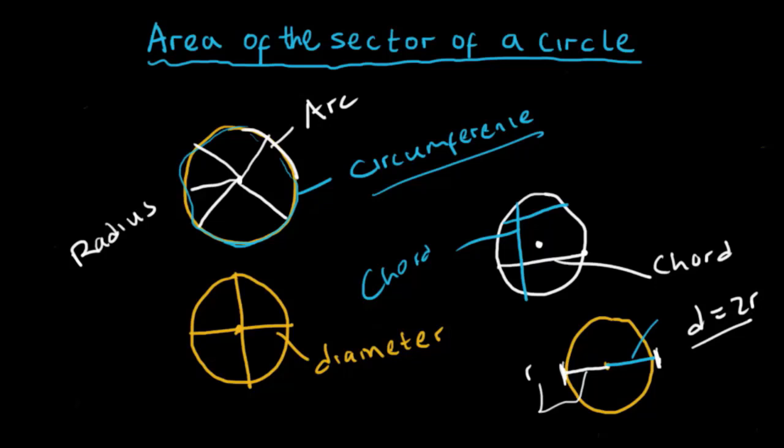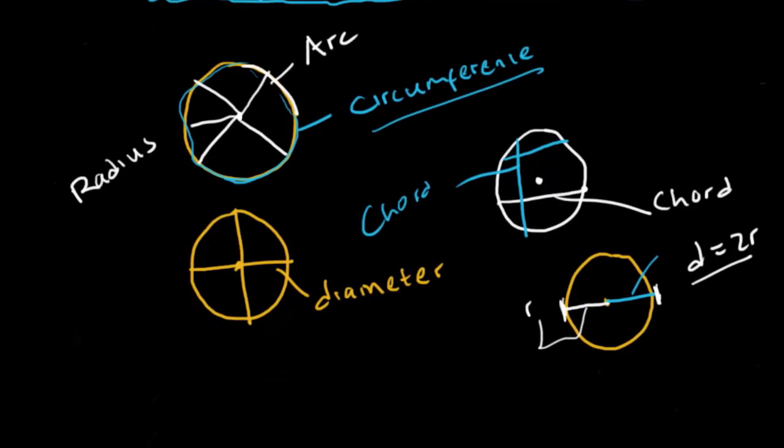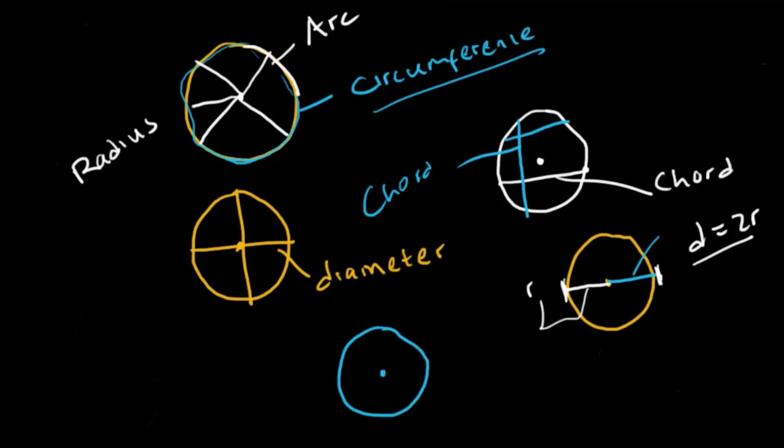Now the next thing I need to show you is the sector of a circle. Let's draw a circle. Let's say I've got this circle, and this is the center of the circle. If I have this line from the center to any part of the circumference, this is a radius, and then I have another one, this also is a radius. When we have 2 radii and an arc, we've got the sector of a circle.